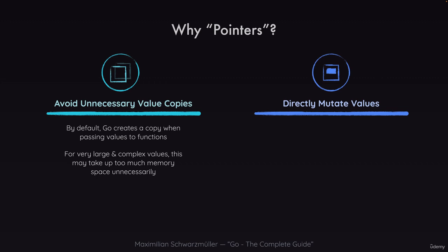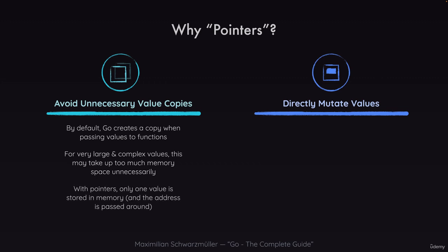Now, I'll be totally honest. For numbers and most strings and also most more complex values, about which you'll learn later in the course, that won't really matter too much in most applications. You'll need a very specific application or a use case where this optimization of using a pointer to avoid this copy might actually make a difference. But still, it is an advantage to be aware of, because that can be one reason for using pointers.